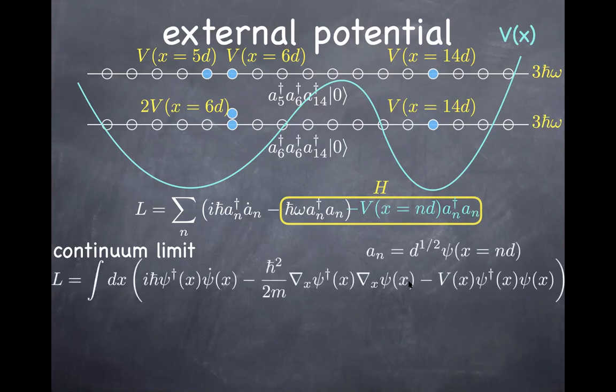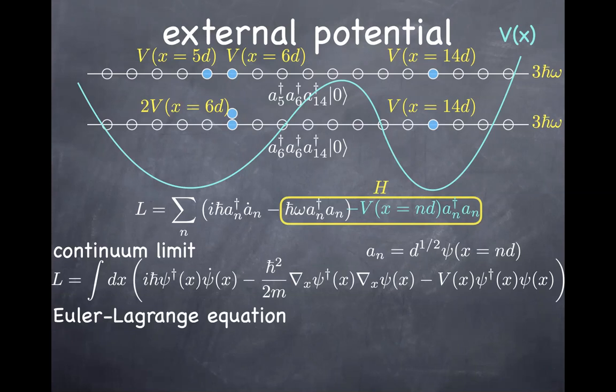All you need to change in the Lagrangian is to add this term, where V of x is the potential, and psi dagger psi is the number operator at position x that replaces a dagger n in this discrete lattice. You sum over n for a dagger n, and correspondingly you integrate over x for psi dagger psi of x. So that's the Lagrangian we use for particles living in the external potential.